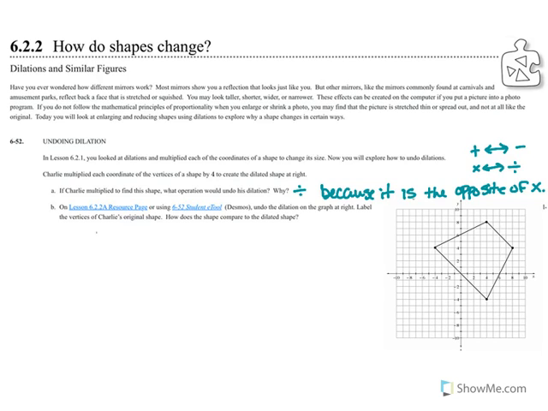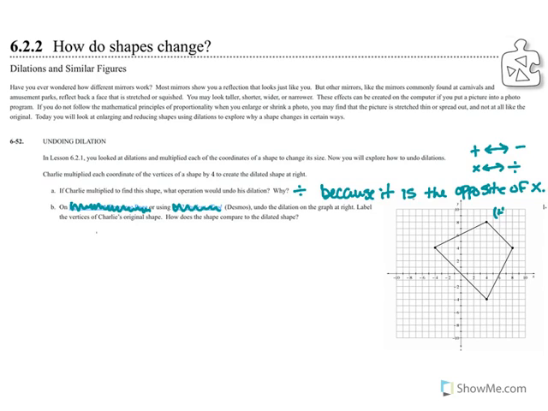So it says on your resource page, you guys don't have your resource page, but this is easy to graph. Don't use the e-tool either, unless you are on the online book, then go ahead and use the e-tool. It says undo the dilation on the graph at the right, label the vertices with Charlie's original shape. How does the shape compare to the dilated shape? So first you should go on here and just label your points.